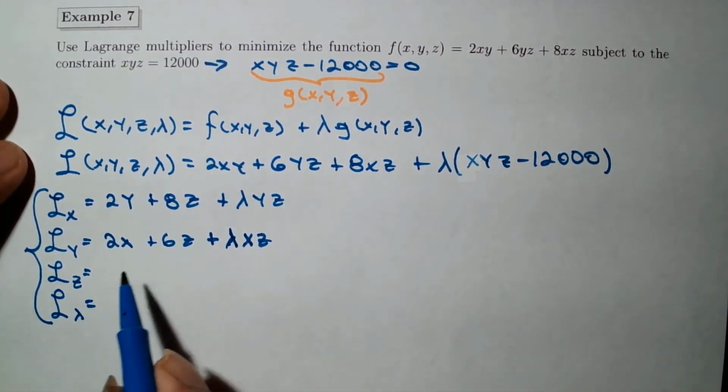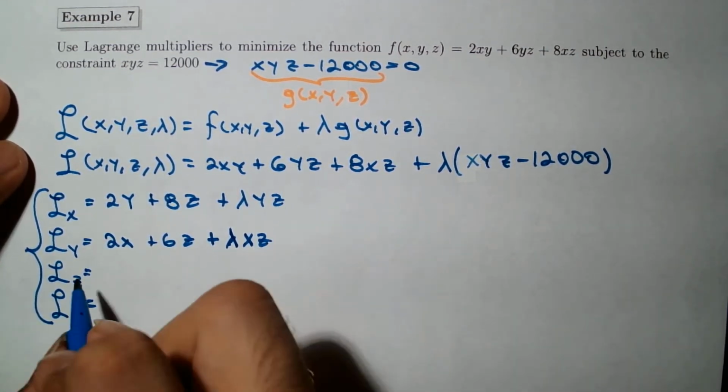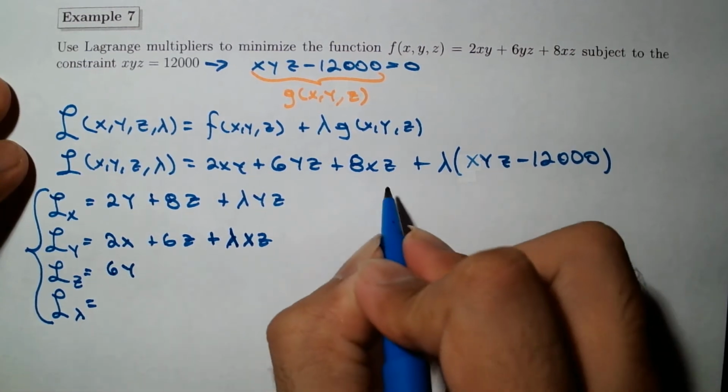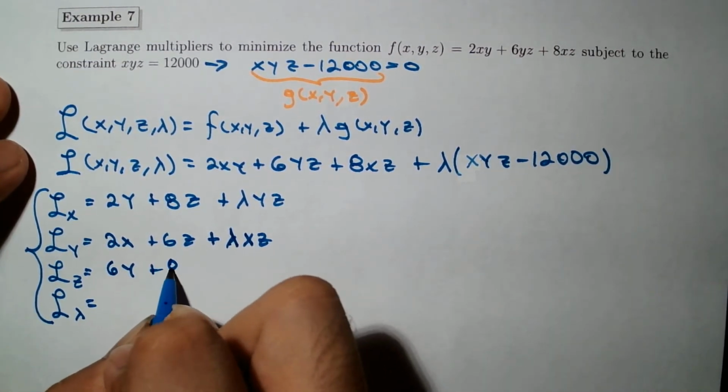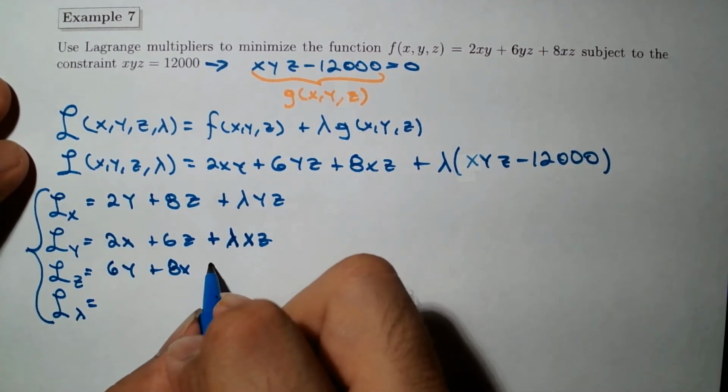Next, the derivative with respect to z. This is going to go with 0, 6y plus 8x and xy times lambda.